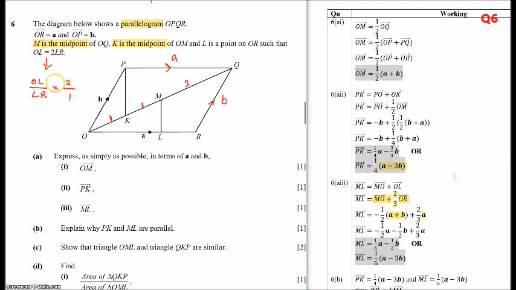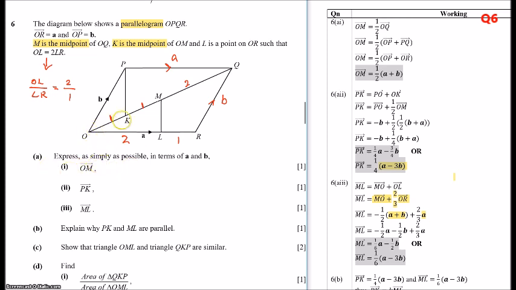And then from here it is very easy because OL is 2 parts. So let's write 2. And then LR is 1 part. So LR is here, so this is 1. So as you read the question, if you write all these numbers down, it will help you immensely in your whole question.